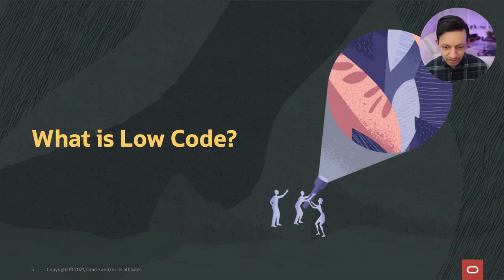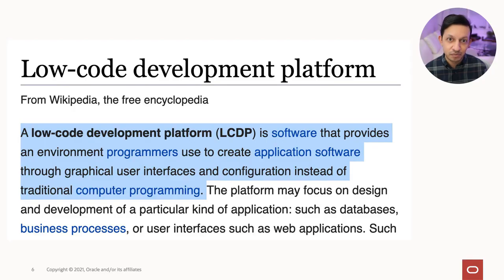So first, let's understand what is low code. If you were to look this up on Wikipedia, it would say something like this. A low-code development platform is software that provides an environment for programmers to create applications using a graphical user interface or configuration instead of traditional computer programming.